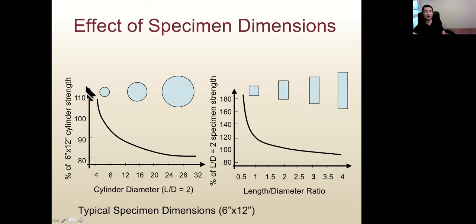Same thing here. If we increase the size of the specimen but keep the same length to diameter ratio, the strength will go down. If we increase the length to diameter ratio, the strength will also go down, as we can see from the curve on the right.